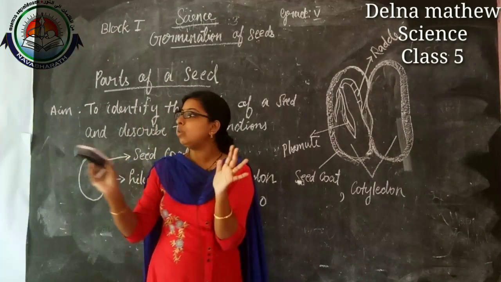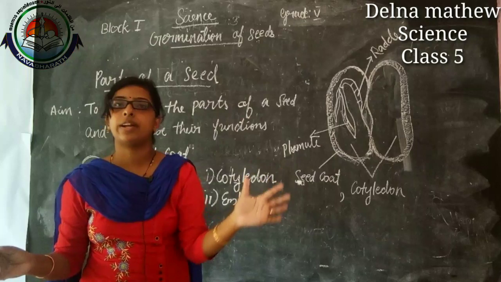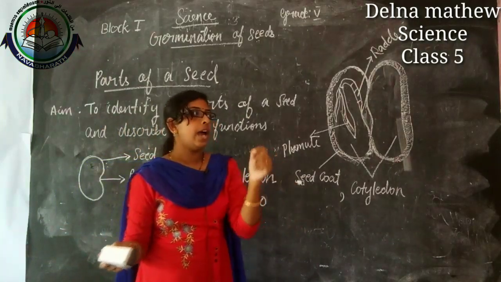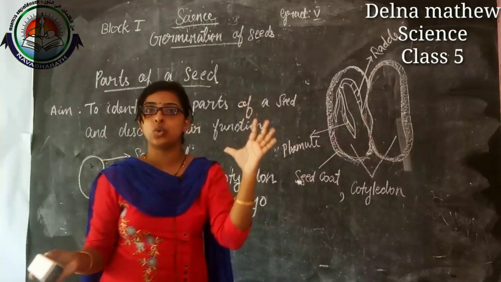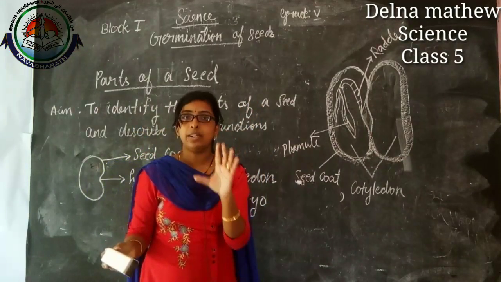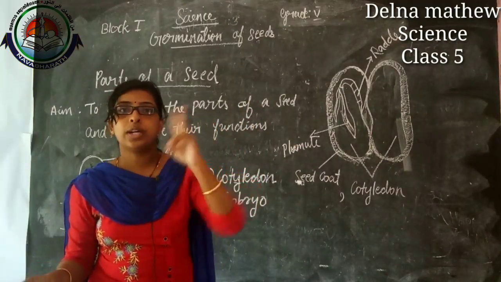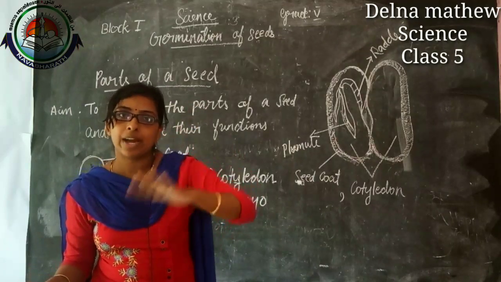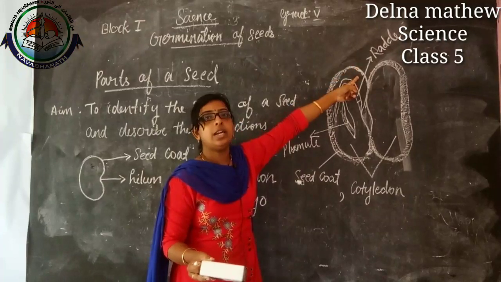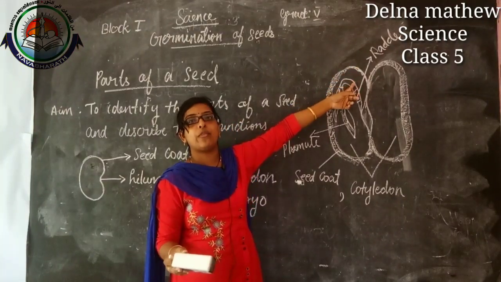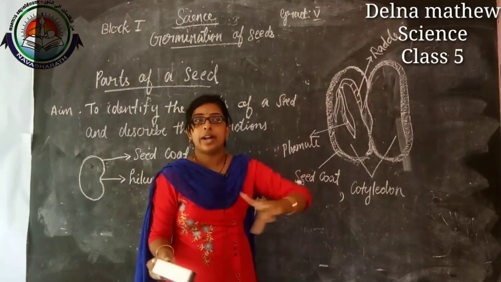When we look around us, we see different kinds of plants, and the part which is visible to our eyes is considered the shoot. A plant has two parts, the root and shoot system. The root will be under the soil. So this root is the radicle, the first root of a plant.